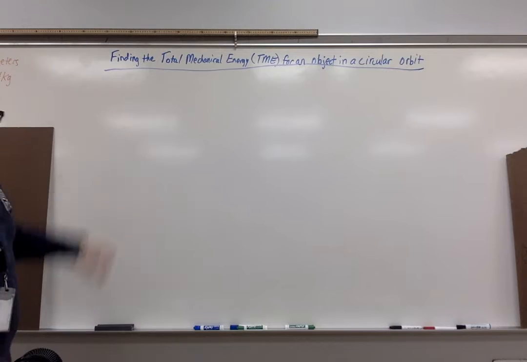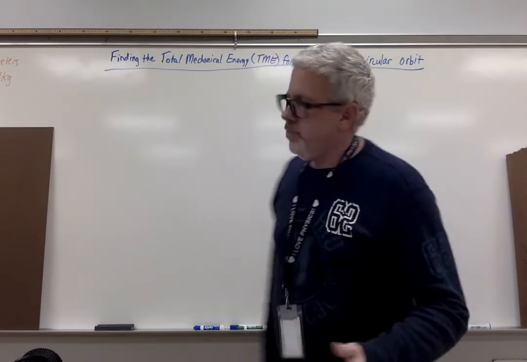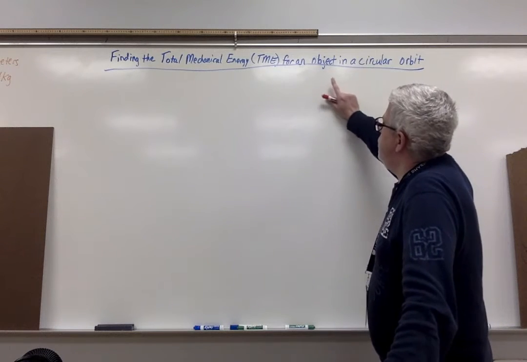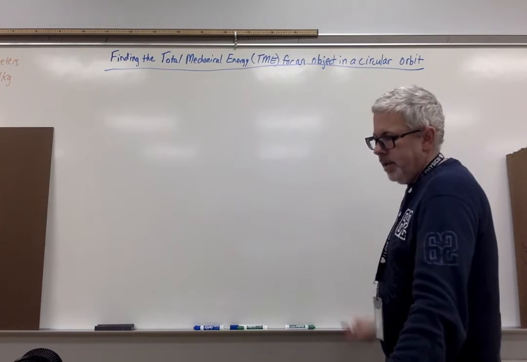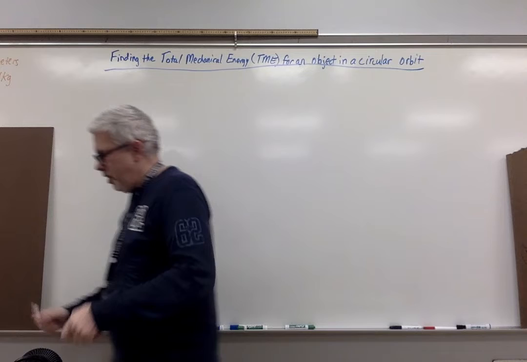All right, in this part of the video, we're going to look at trying to understand and derive the total mechanical energy for an object in a circular orbit around, again, a planet, star, or other large body.